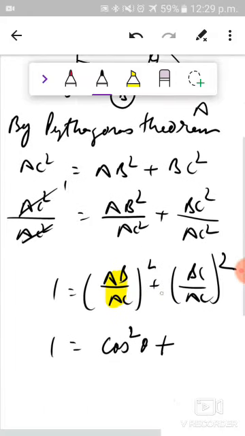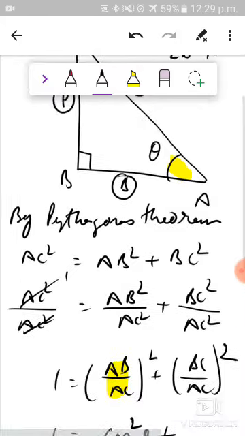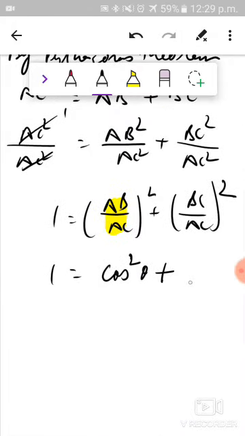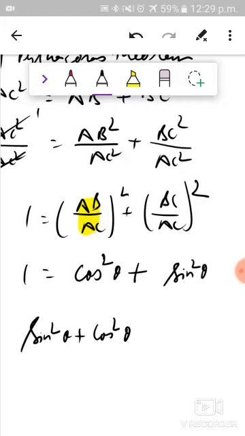So BC by AC, perpendicular by hypotenuse, the ratio is known as sin theta, and the square is sin square theta. So we got our first identity. We can write sin square theta plus cos square theta is equal to 1. This is the first identity.